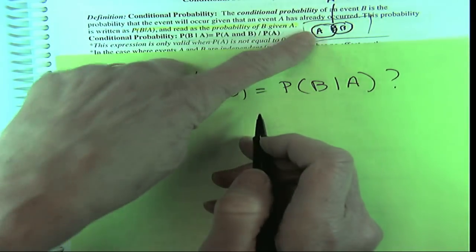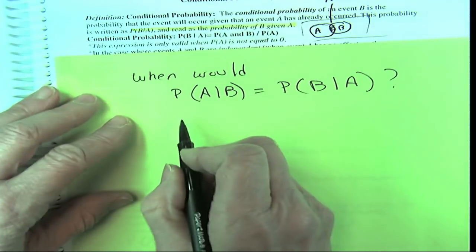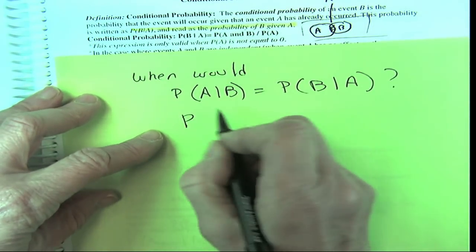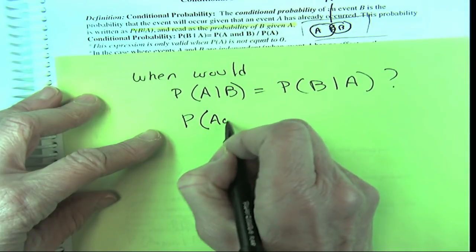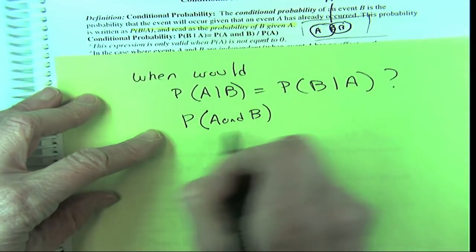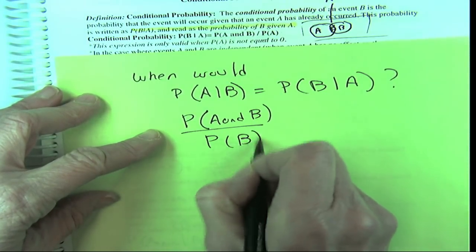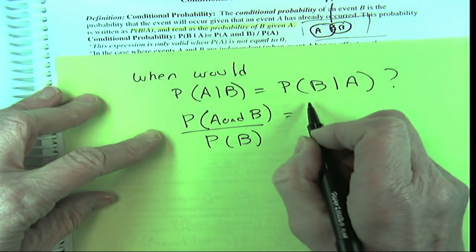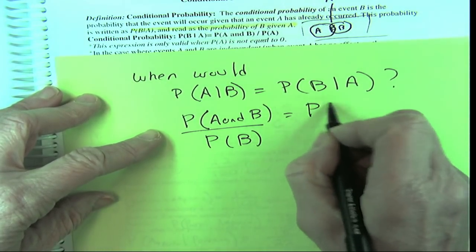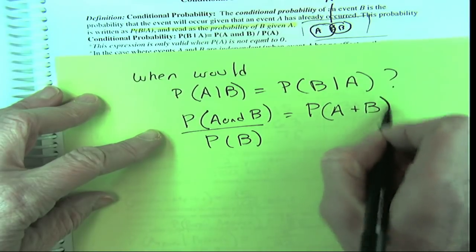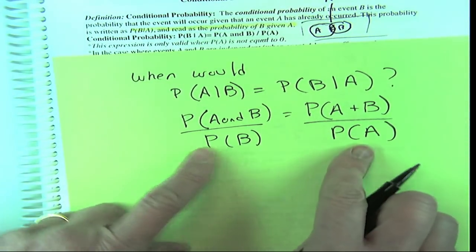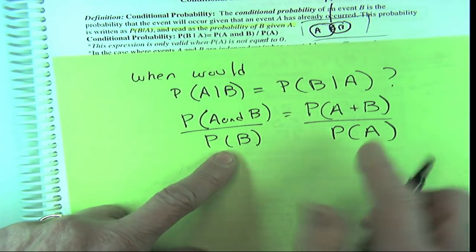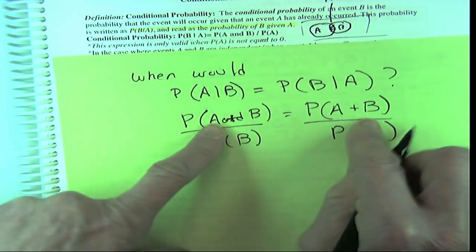Well, maybe it's useful to use this definition, because this says the probability of A given B is the probability of A and B over the probability of B. And this would be the probability of A and B over the probability of A. So they're going to be the same when these two are the same. This is A and B, same thing.